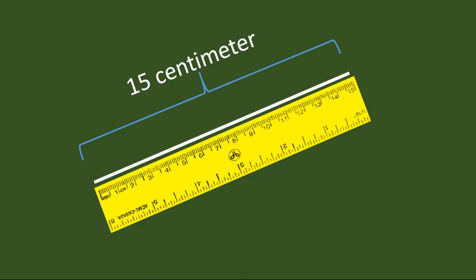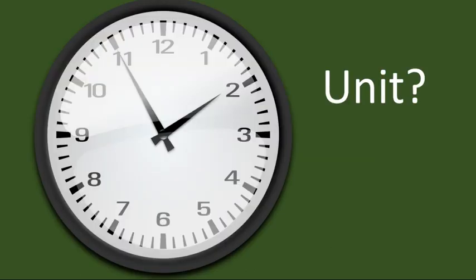You tell me now, suppose if you want to measure the time. Here you measured the length. Suppose if you want to measure the time, now what's the unit? We use second. But is it only the second? We use minute. Is it over? No, we use hour sometimes. We use days.